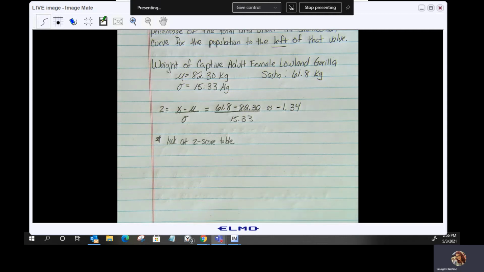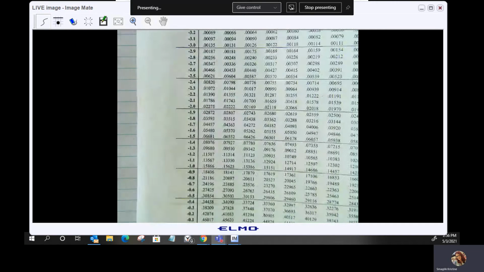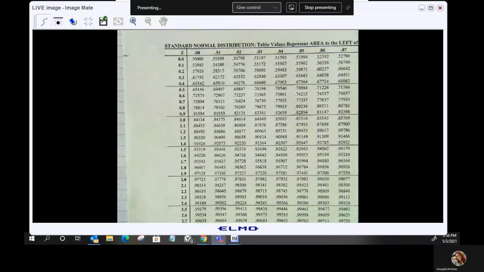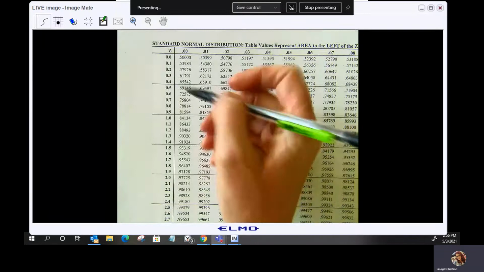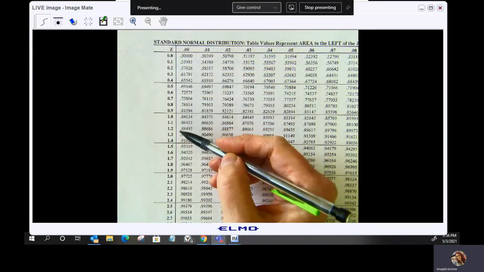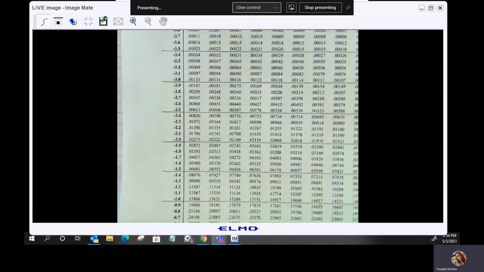So here we go. This looks a little overwhelming at first. You've got 2 pages here, and these are all your positive z-scores. I want the negative ones. I'm at a negative 1.34.